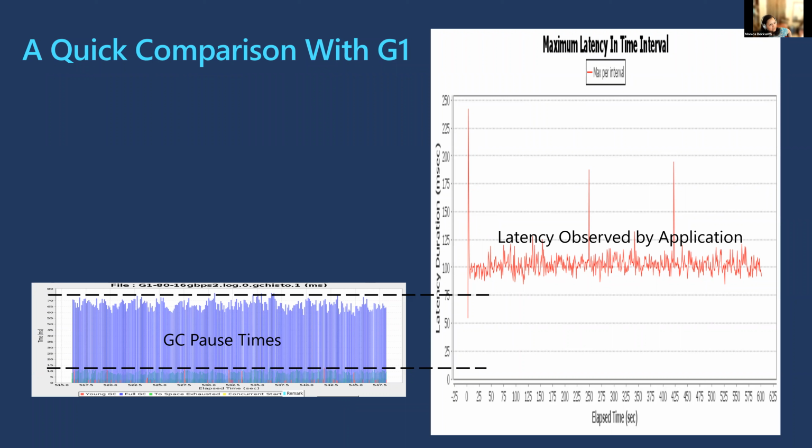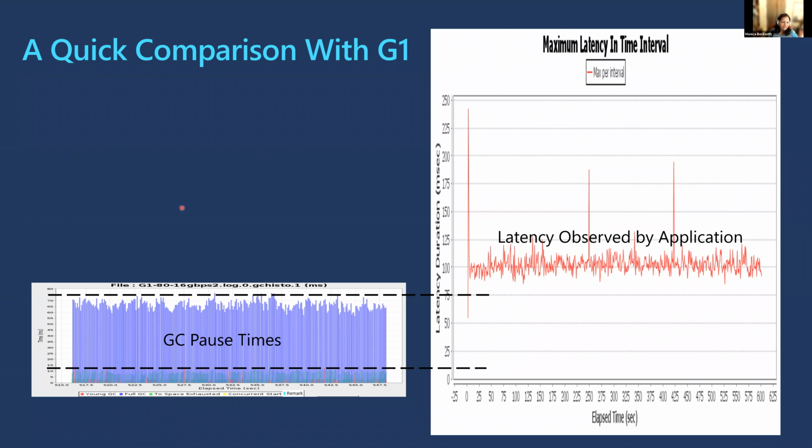G1 GC has seen so many improvements since JDK 7, when it was first an experimental garbage collector, to now JDK 17. In those 10 major releases, G1 has kept up, and I'm very proud to see that it can give you 75 milliseconds in the worst case.